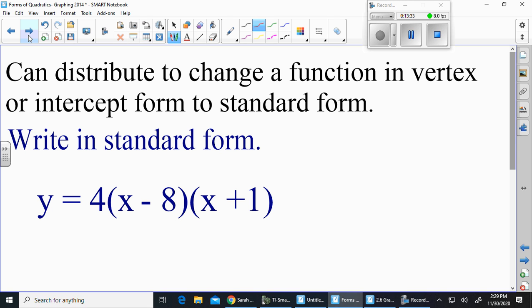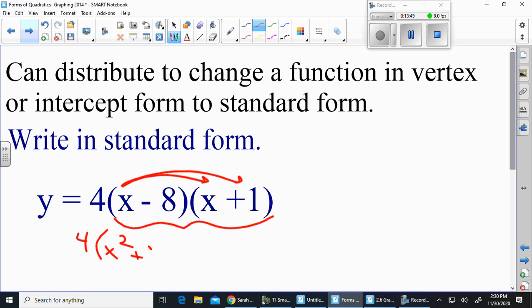So just to see it, if I gave you intercept form, that's what this one is, and I said write it in standard form, you're going to distribute. Now, I usually say do this first. So just sort of keep your 4 there. X times x is x squared. X times 1 is x. Negative 8 times x is negative 8x.